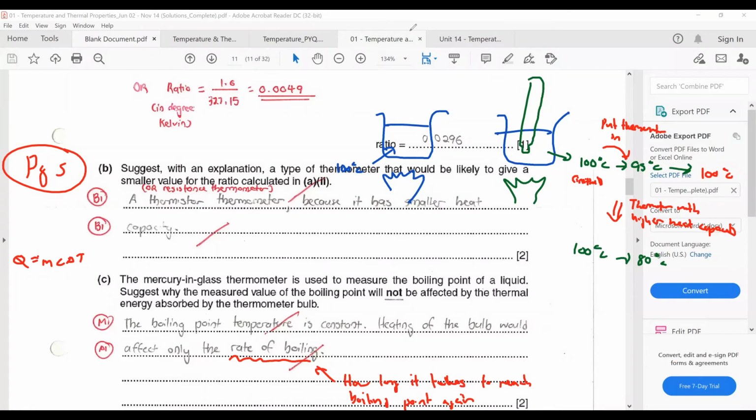Then after that, as I mentioned to you, it will eventually reach 100 degrees centigrade again. But when you compare this one and this one, this will take a longer time to reach back 100 degrees as compared to this.